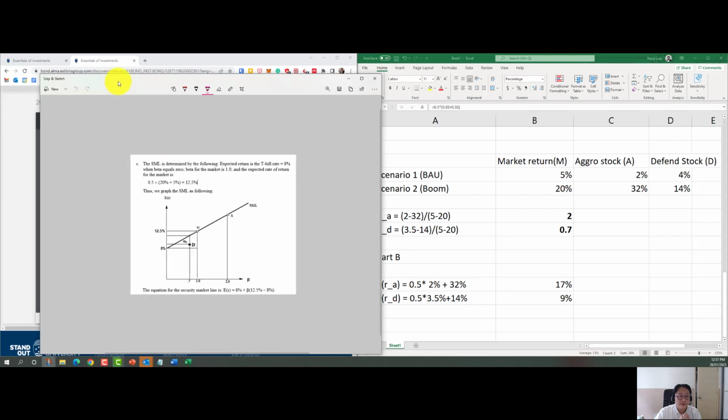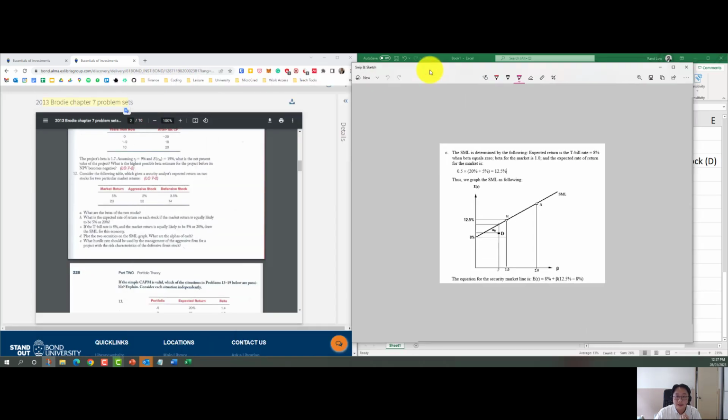Because it's more effort to graph it out, I'm just going to take that diagram. The risk-free rate is 8%, so the line starts from here, where beta equals 0. The y-axis is expected return and the x-axis is beta.